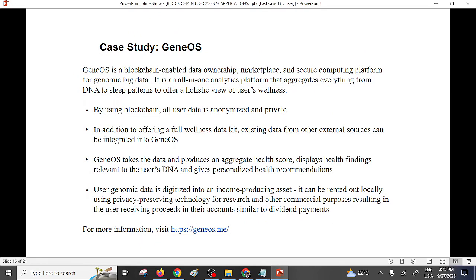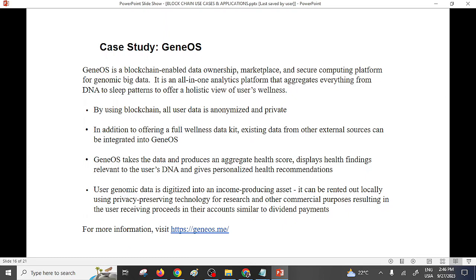We have also the other case study. I was looking at the latest one, GeneOS, and this one can be used across different platforms within healthcare. By using blockchain, all user data can be anonymized and private.